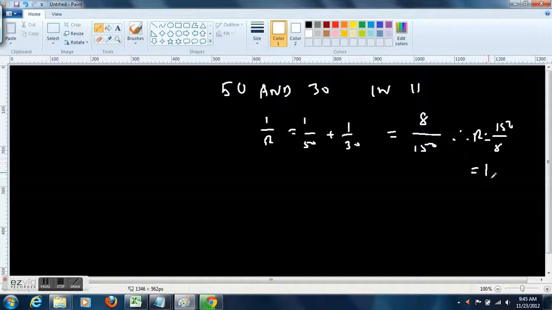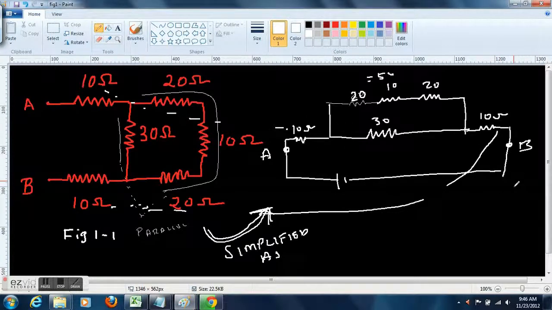Therefore R equals 150 upon 8, which comes to 18.7 ohm. So this part, which I am circling with a dot, is equal to 18.7.